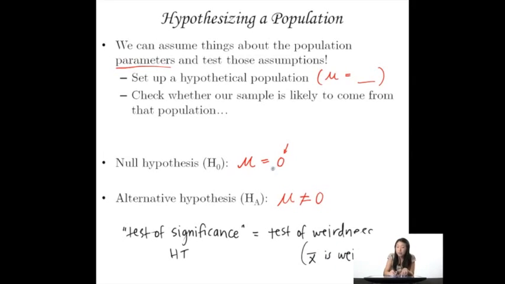Is it different from this population? But it can't tell you whether X bar is very, very similar to this population. That's not what number it gives you. It only tells you how weird it is. It doesn't tell you how similar it is. Those two are actually not flip sides of the same coin. Because of that, our goal in hypothesis testing is that we find out the most when we reject the null hypothesis.